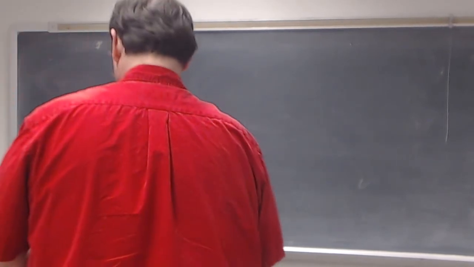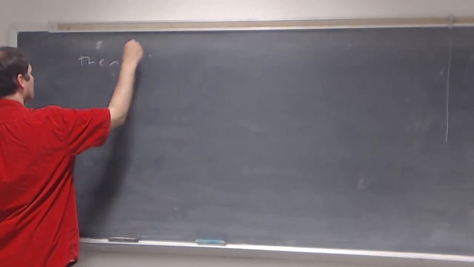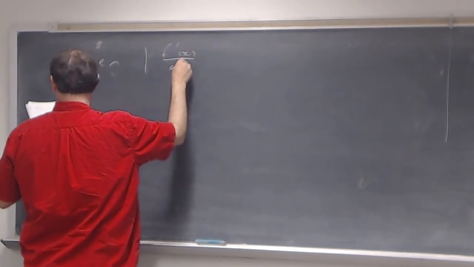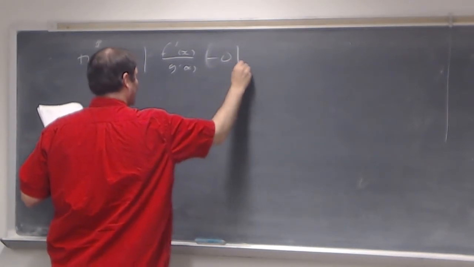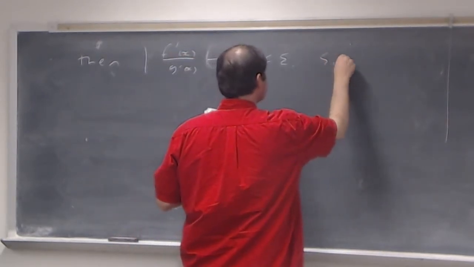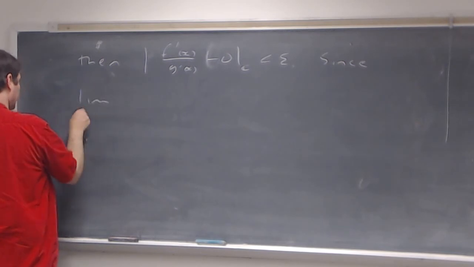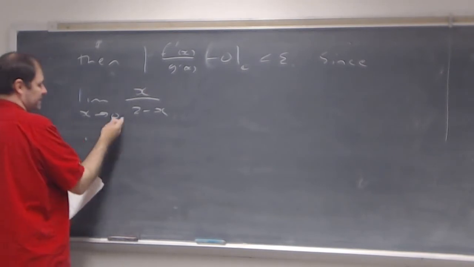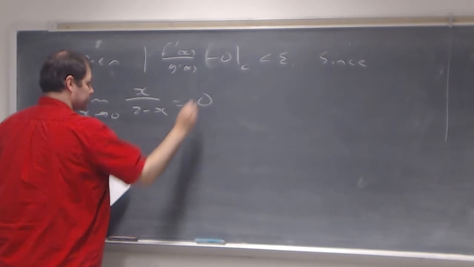Then, the absolute value of f prime of x over g prime of x minus 0, and that's in the complex, will be less than epsilon. So here, since the limit, I'm not going to go through this very much, as x goes to 0 of x over 2 minus x. Look, as x goes to 0, we're thinking this is the real valued function. The top's going to 0, the bottom goes to 2, so you just get 0.